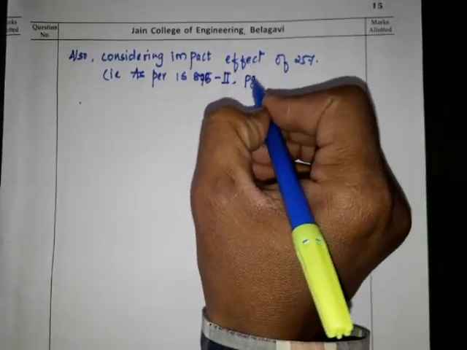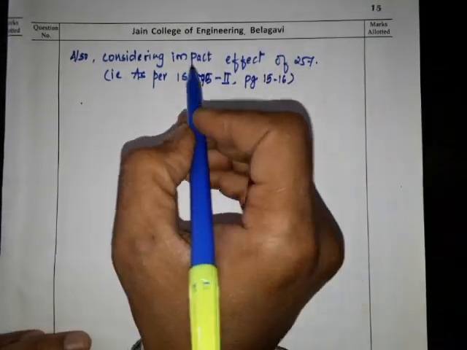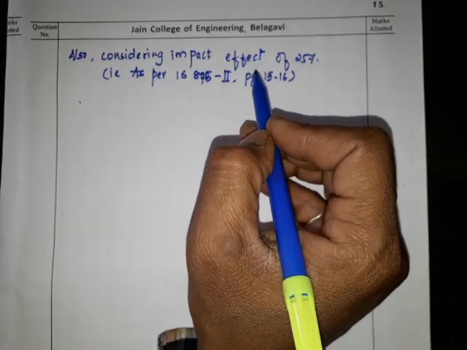If you want to refer, you can refer to page numbers 15 and 16. So what you have to consider is the impact effect of 25%.